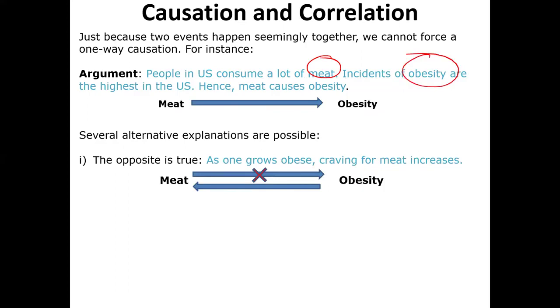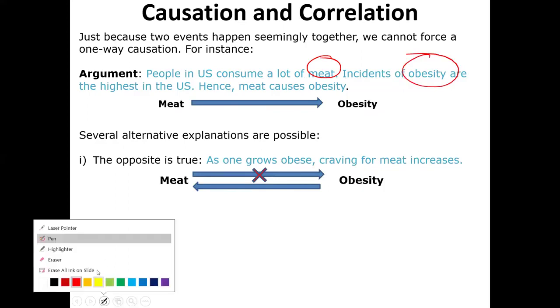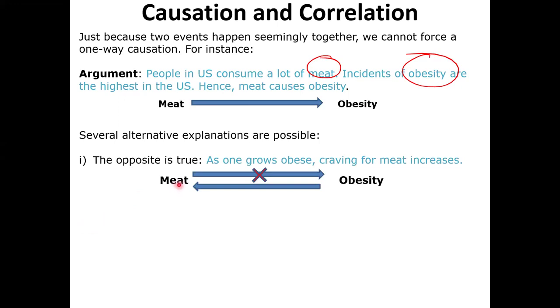They can go together either when meat results in obesity or obesity results in meat craving. In both cases, they will coexist. The argument concludes that meat causes obesity, and we are supposed to challenge it. What would challenge it? If we prove that the relationship is the other way around. So an option saying that as one grows obese, craving for meat increases clearly challenges the causal relationship between meat and obesity.